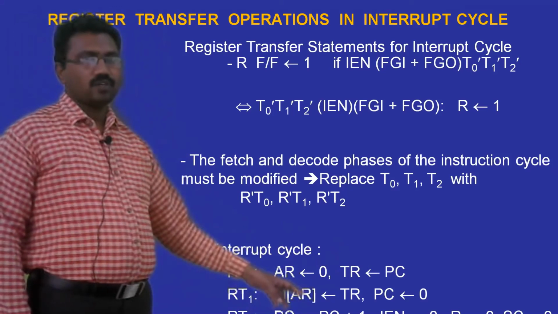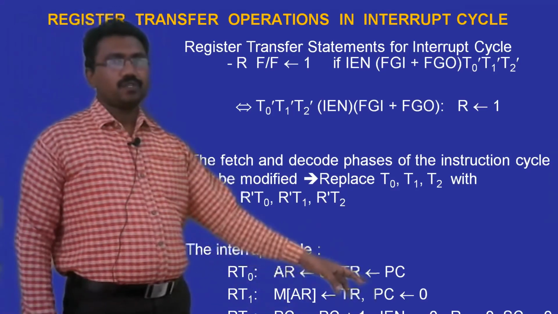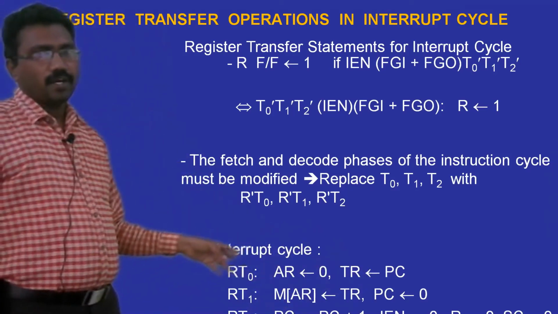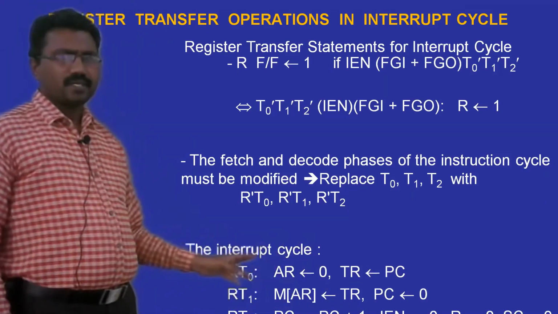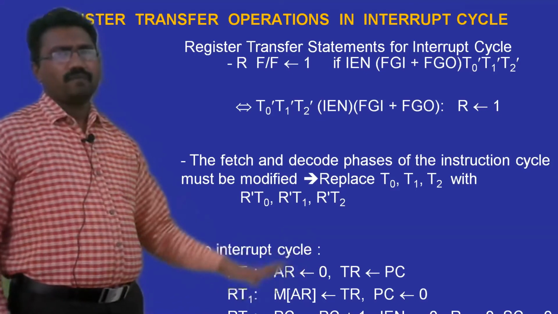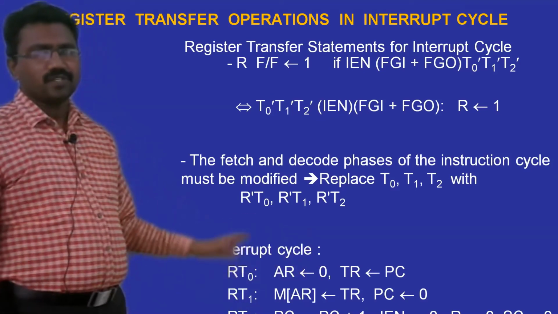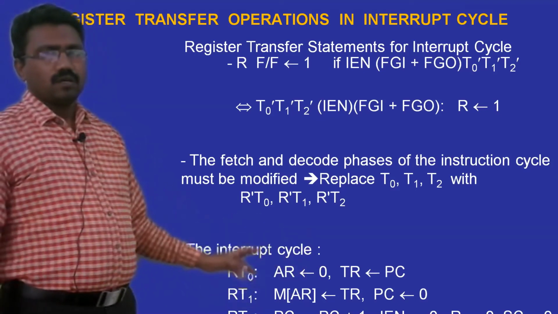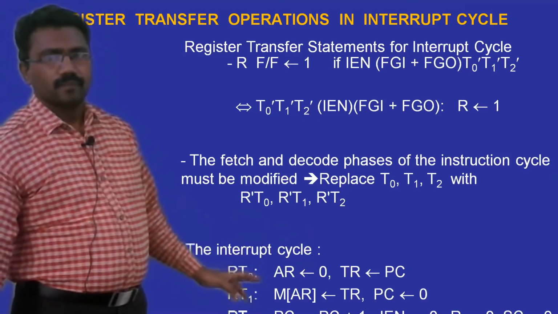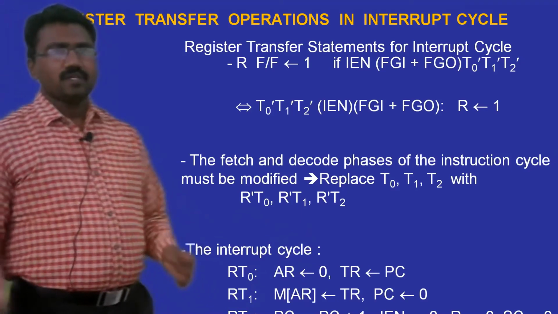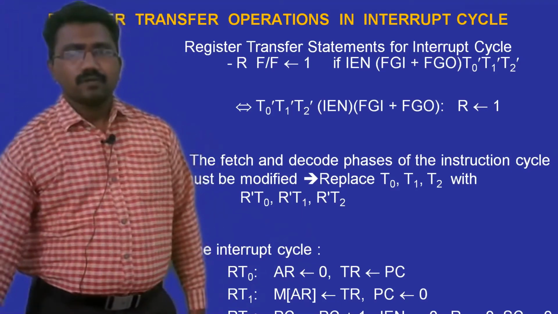What is the AR value here? 0, so M of 0, and PC is set to 0. Then next RT2: PC is incremented by 1, PC plus 1 to PC. After that IN is 0 and the R flip-flop is 0. These are the operations involved in the interrupt cycle. So we have seen the basic computer interrupt cycle.